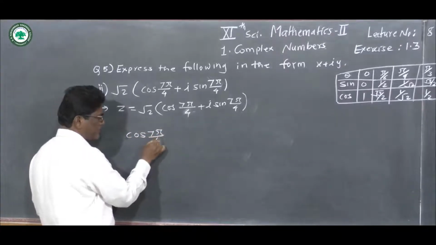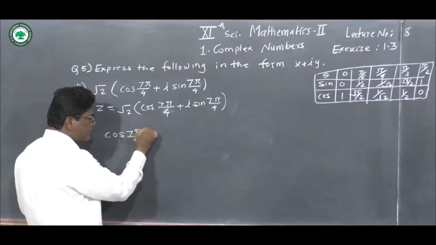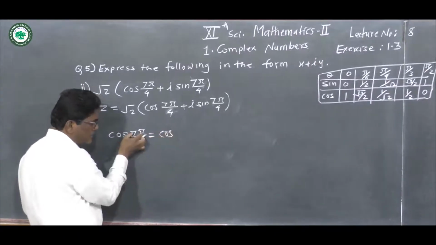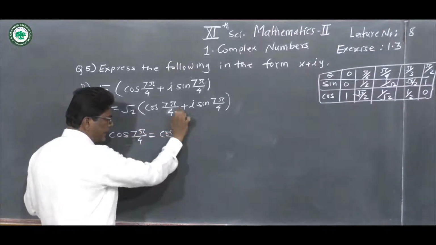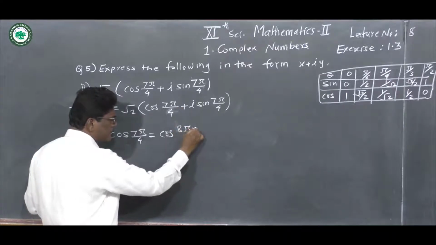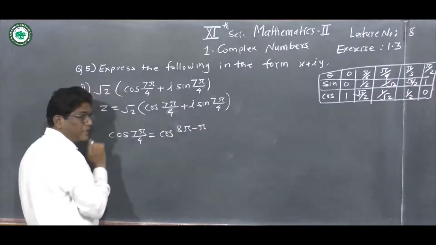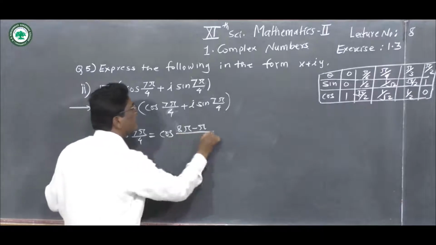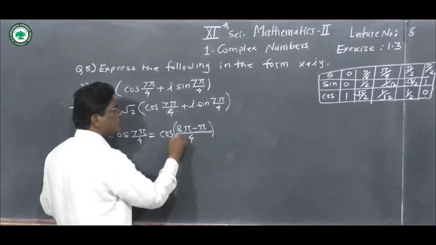Cos of 7 pi by 4. We write 7 pi as 8 pi minus pi, that is 7 pi divided by 4, and now divide separately.